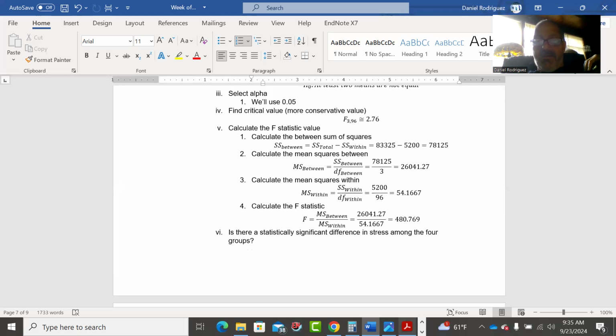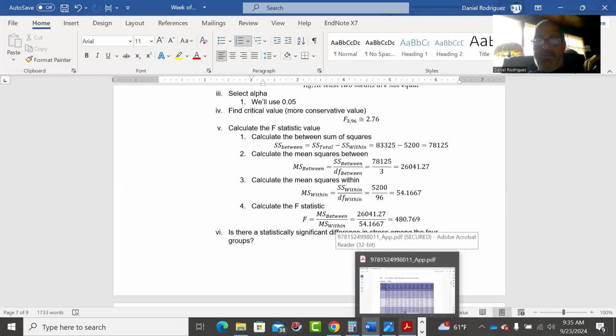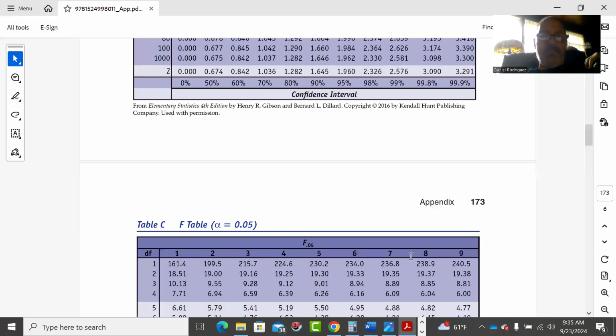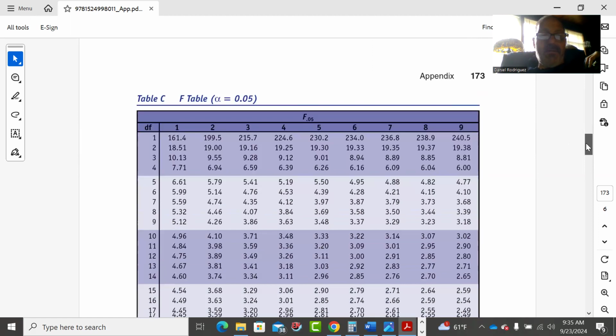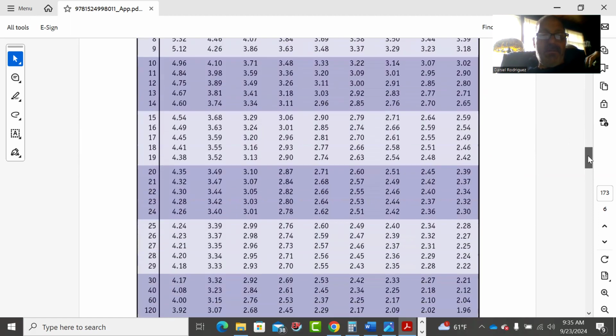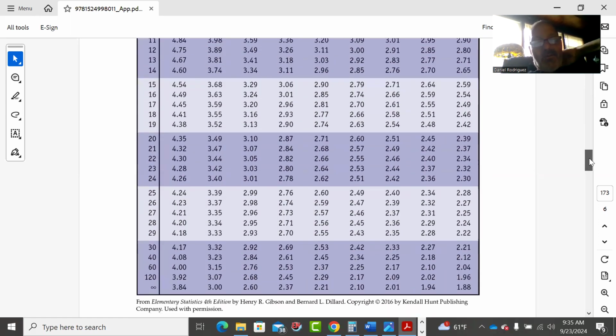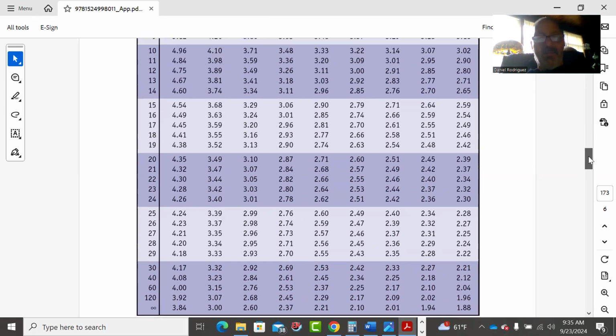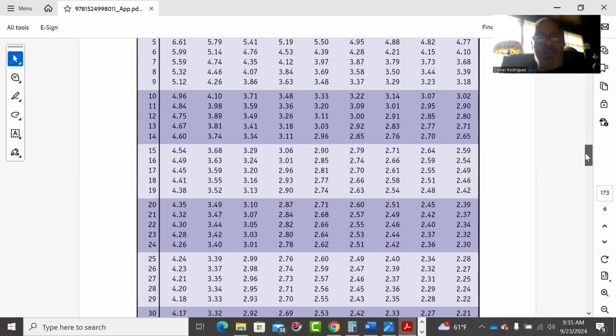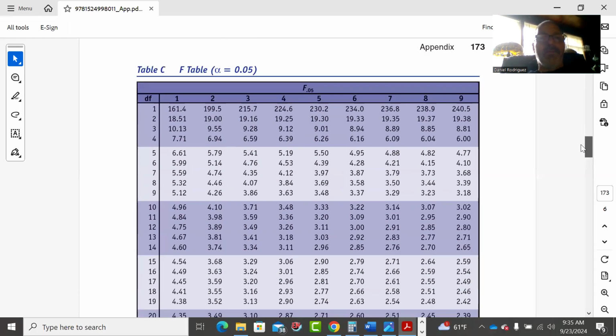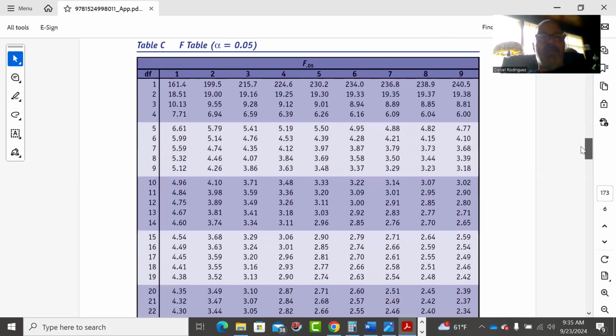All right, so where's our table? Our F table. So we don't have our actual value here. Oh, the degrees of freedom we're looking at here.